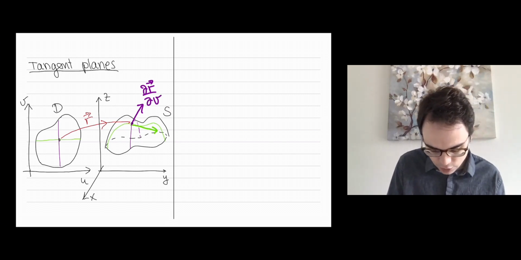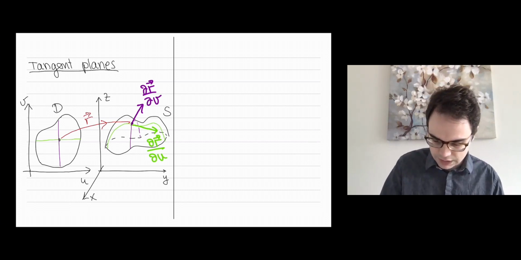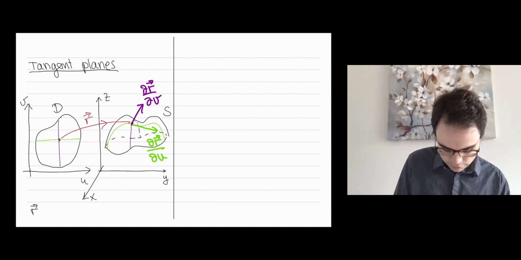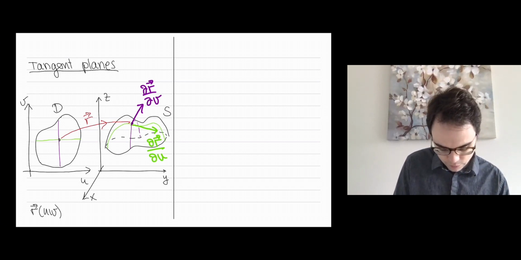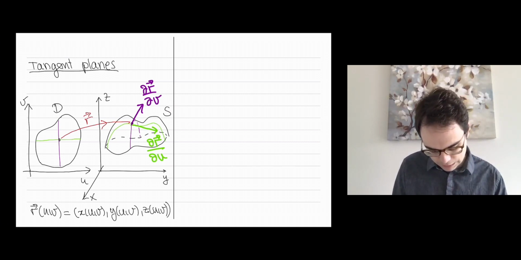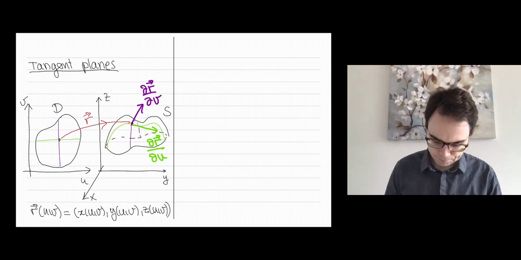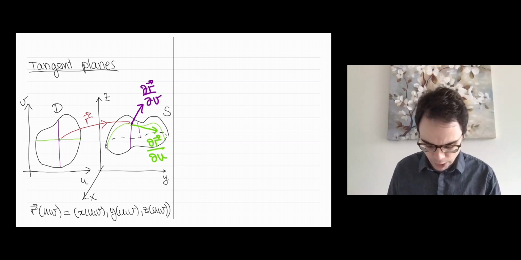And for the green curve, it's the same. For the green curve, v is fixed, u is changing, and the velocity is dr du. Here I should say, r of u comma v, as before, is really three functions of u and v put together to form this function with two inputs and three outputs.